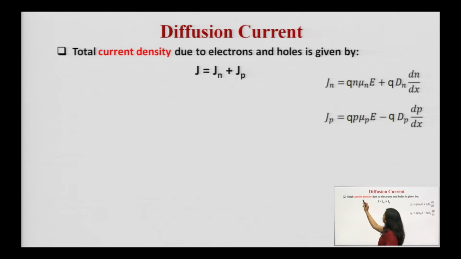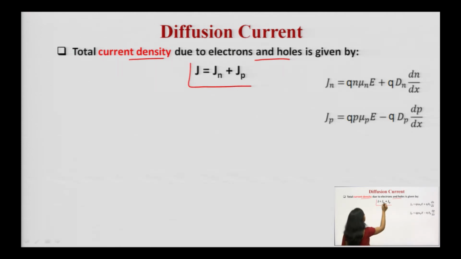If you have to calculate the total current density due to the electrons and holes both: in the previous equations we discussed the current density because of electrons and the current density because of the holes, but now, in general, the total one will include the current density because of electrons and holes. So, what are you going to write over here? J is what?